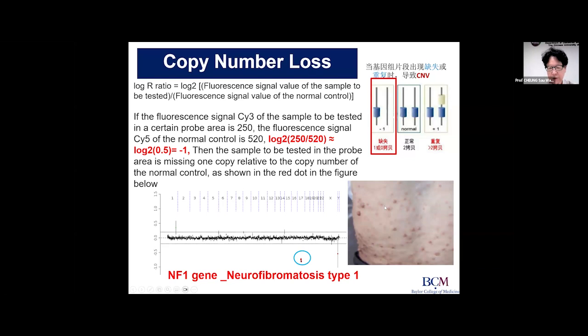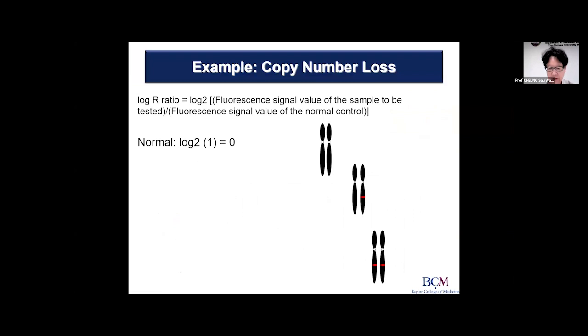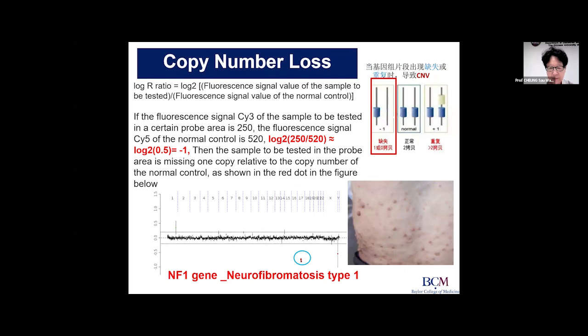You will see patients with neurofibromas across the whole body. This patient had neurofibromatosis type 1, and this is the scenario because they lose 1 copy. It's a copy number loss here.